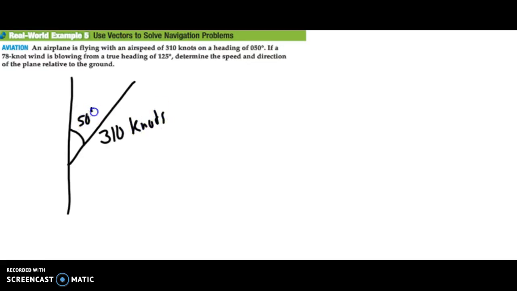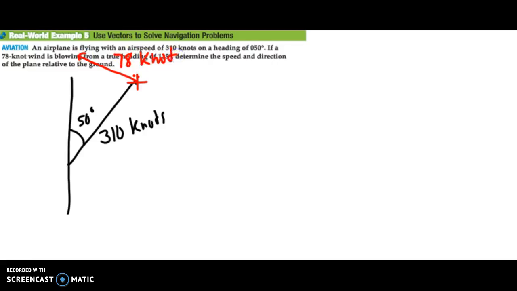It's 50 degrees. Then from this point right here, I'm going to draw my wind at 78 knots and 125 degrees. If this is my little beginning coordinate plane, a true heading of 125 degrees is going to be over this way, and it's going to be right there at 78 knots.